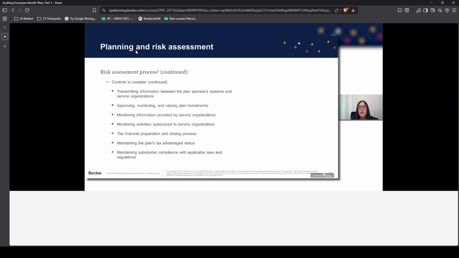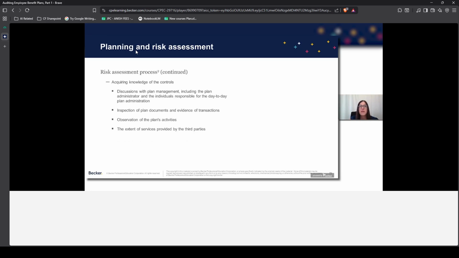Internal control, as you can see here, is a significant part of this understanding of the plan and its environment, because we're in step 1 of the risk assessment, trying to identify risk. How are we obtaining this information about the internal controls? That will also depend on the plan sponsor, whether or not they have their controls and policies and procedures formally documented.